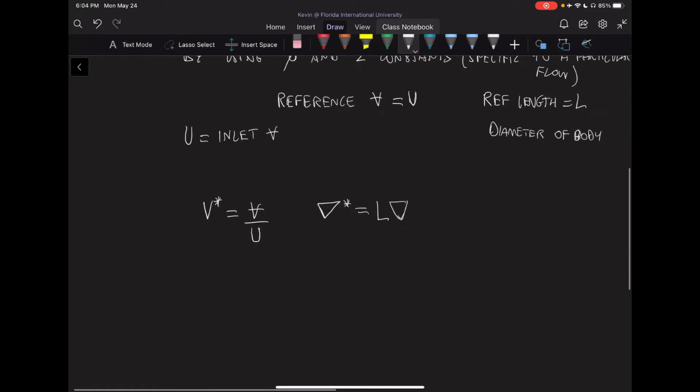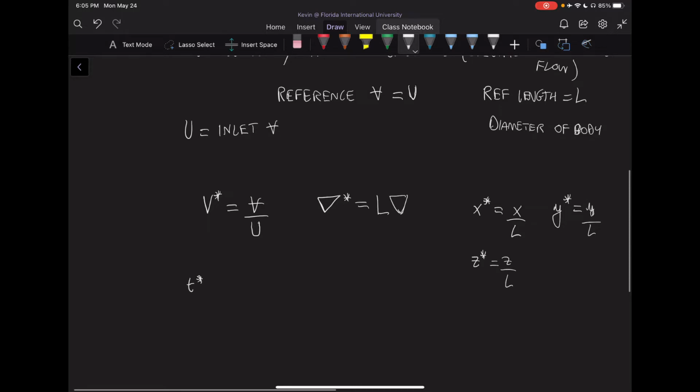We can also define x star, which is equal to x over L, y star, which is equal to y over L, z star, which is equal to z over L, once again, all non-dimensional.